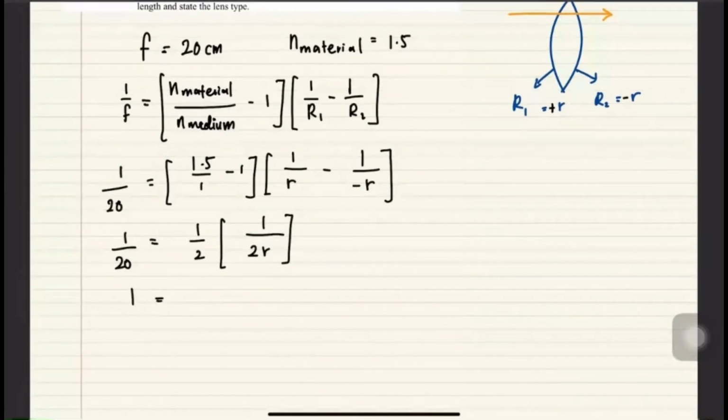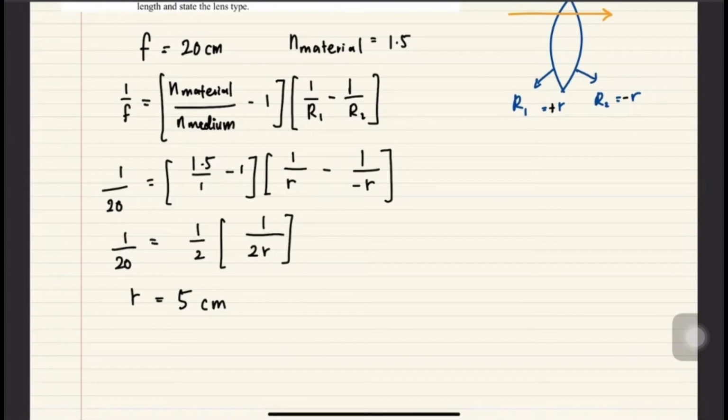So R dia sama dengan berapa ni? 5. Betul ke saya kira? 4R. 4. Betul. 1 over R tambah 1 over R bukan 1 ke?